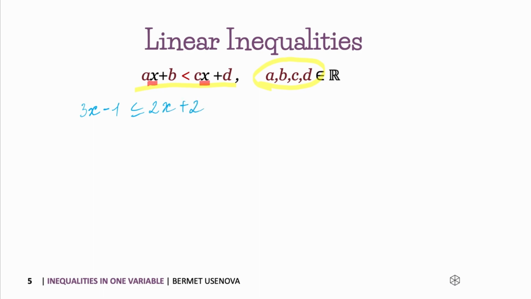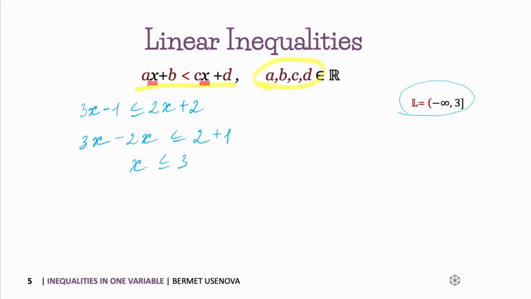Yeah, 2x plus 2. So this is our inequality. So as I said again, it's more useful to move the x terms to one side and all the constants to the other side. And this will give us x less than or equal to 3. This will be our solution set.